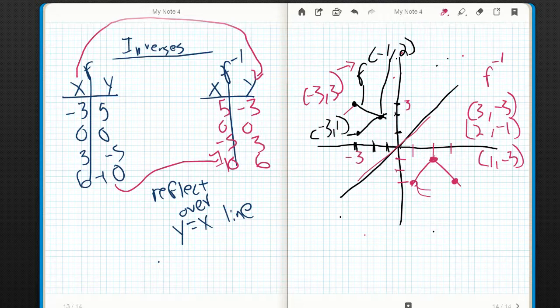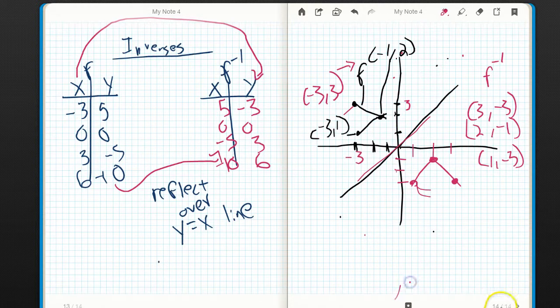Okay, so that's what an inverse means. The domain of your original function is the range or output of your inverse. The range or output of the regular function is the input or domain of the inverse.